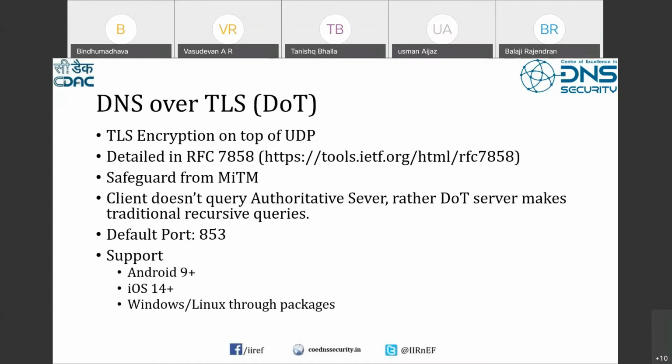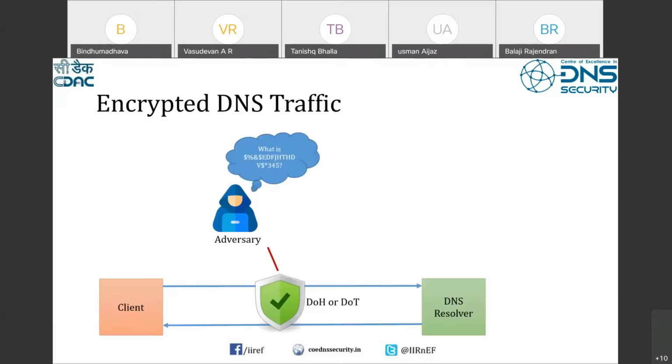7858. So if we use this DNS over TLS, we can say that somehow we can avoid a man in the middle attack, and he won't be able to know the content of the DNS request or response.